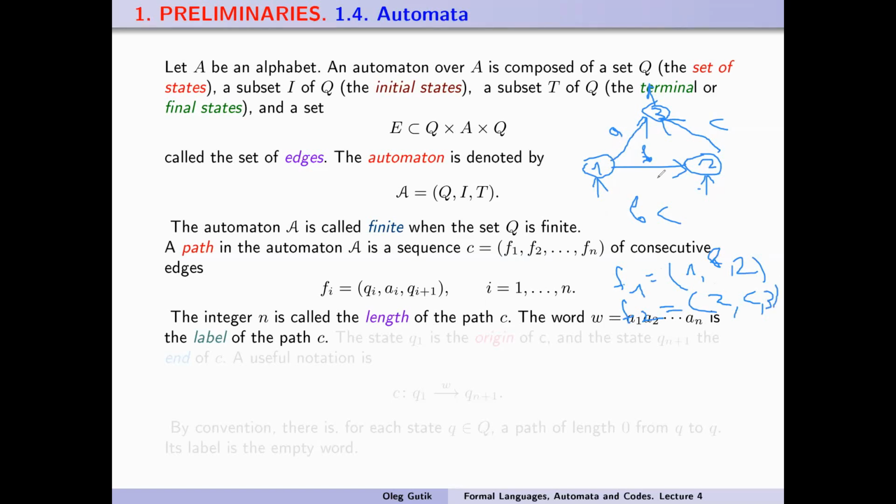The length of this path is 2, because the word bc is the label of such a path.